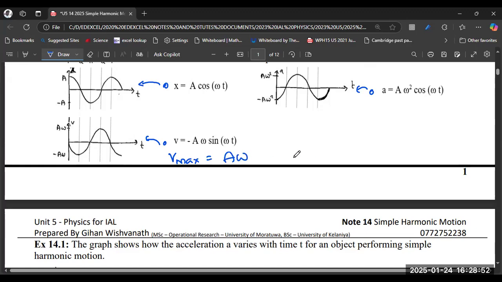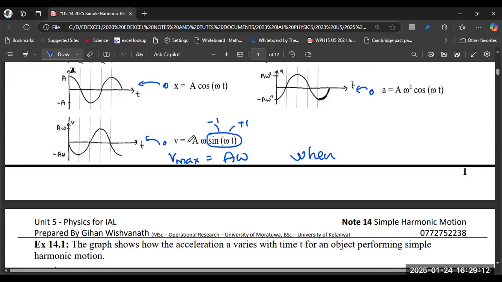When does it happen? There's a boundary condition for sin omega t. The maximum value that a sine function can have is +1, and the minimum value is -1.